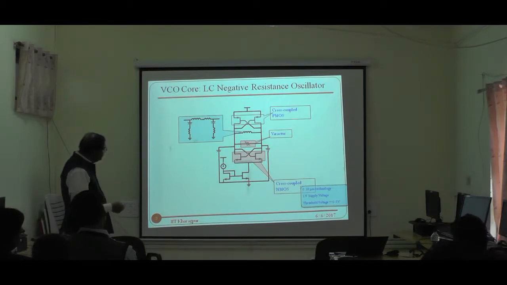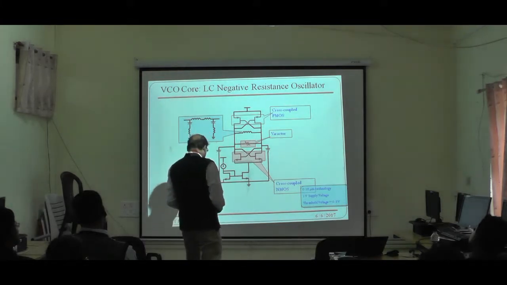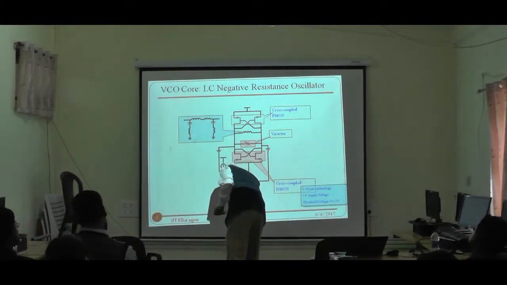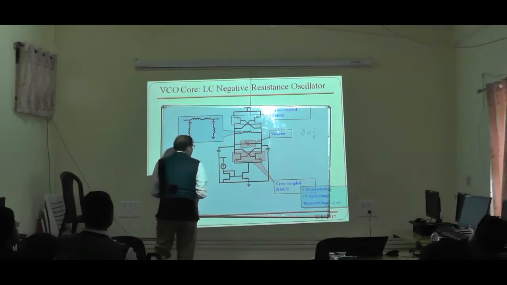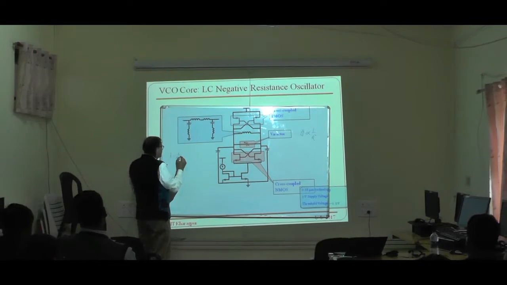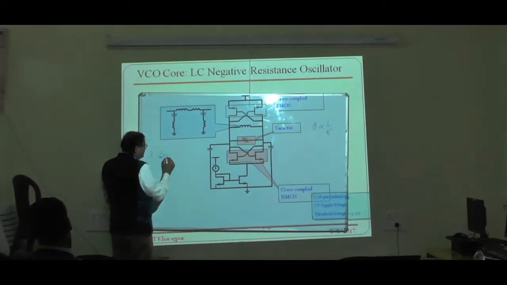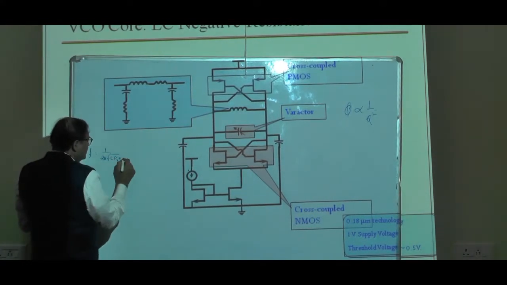So you can think of these two capacitors as basically parallel to the inductor. So the structure is like that: the frequency F is equal to 1 by 2 pi root of L times C0 plus some C variable.